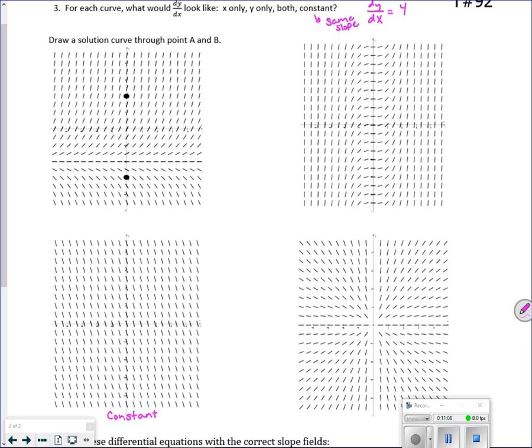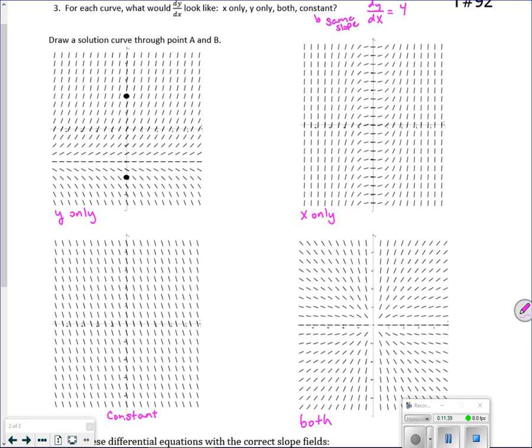Well, we said if it has x only, the columns are the same. Looking at the three that are left, which one has the columns that are the same? So this one is going to have x only. If the rows are the same, it's going to have y only. And if neither the x's nor y's are the same, then you're going to have both.